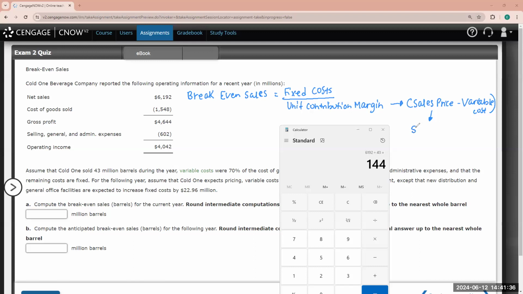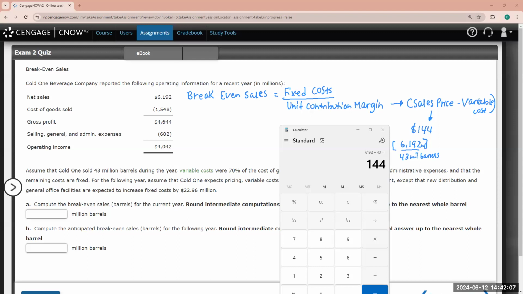So our sales price is $1.44. And again, how do we calculate that? It's 6,192,000. Now just put 6,192 divided by 43 million barrels. Right? And that is how we calculated our sales price.